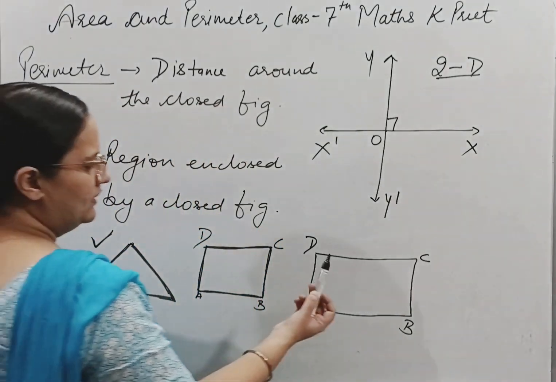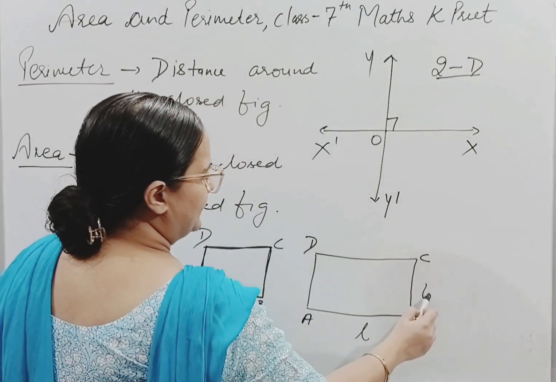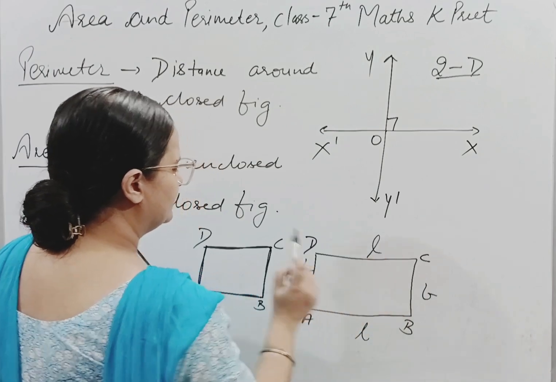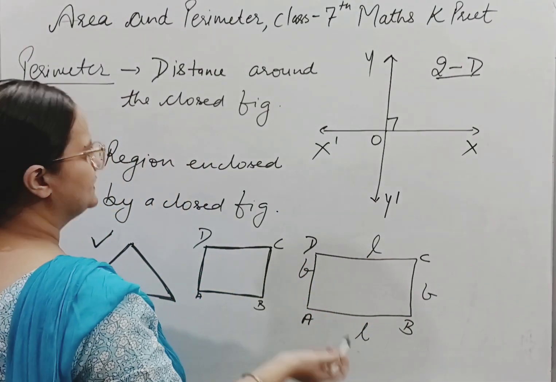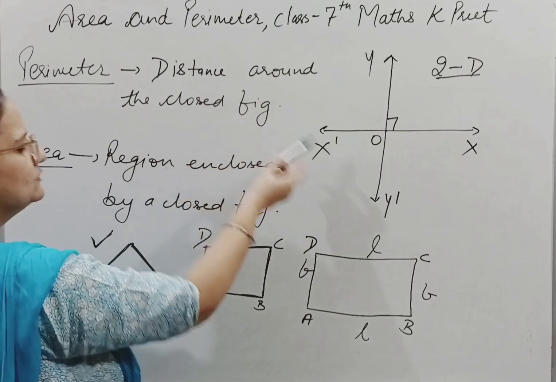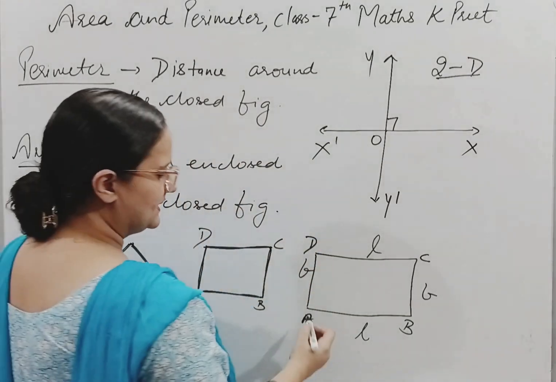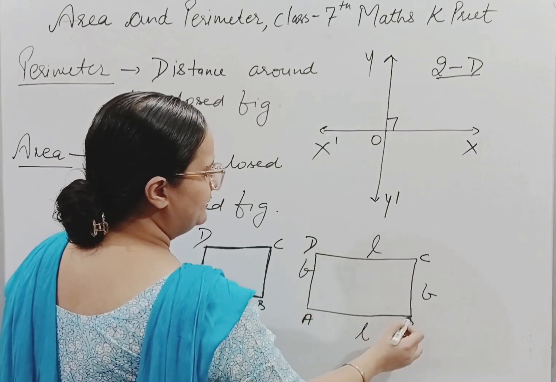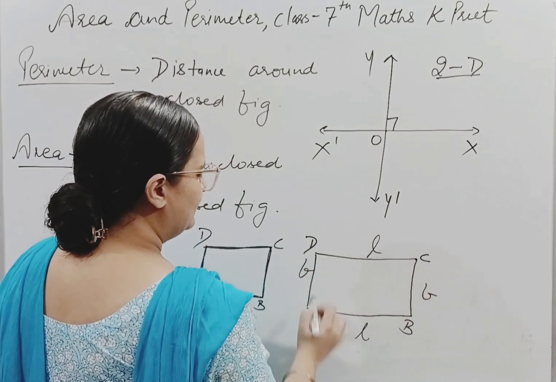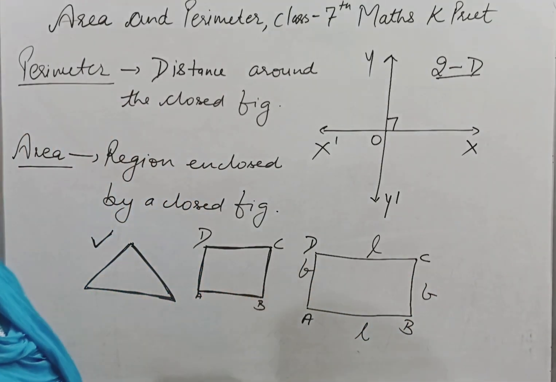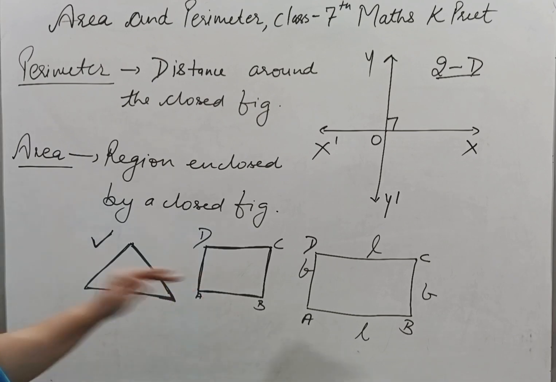Here this is length, this is breadth, this is length, this is breadth. So the sum of all the sides, the distance around the closed figure, four sides it has. So AB plus BC plus CD plus DA will give me the perimeter for this rectangle.